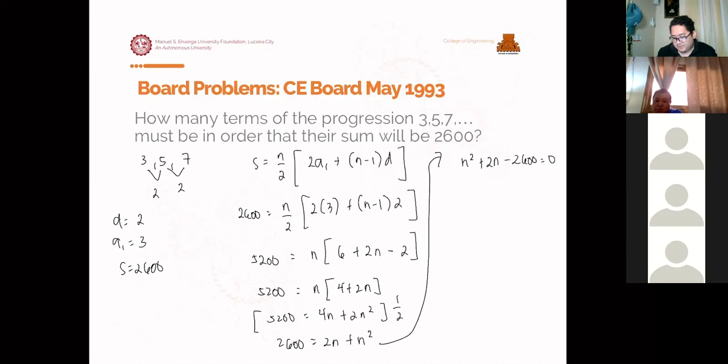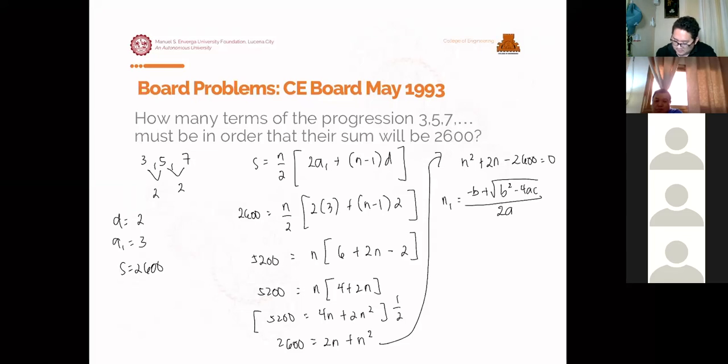Yung quadratic formula natin na pinag-aralan kanina sa video is n1 equals negative b plus square root of b squared minus 4ac, all over 2a.